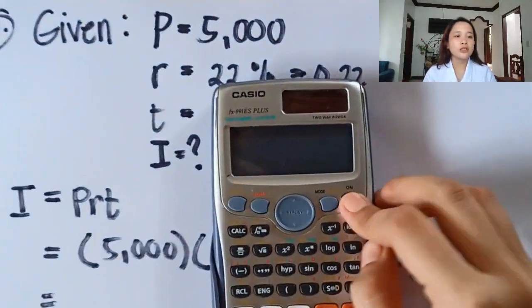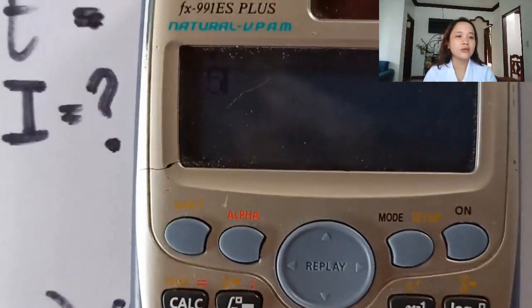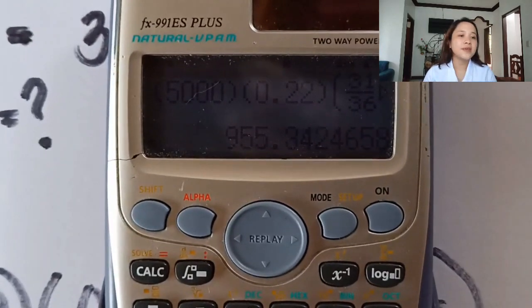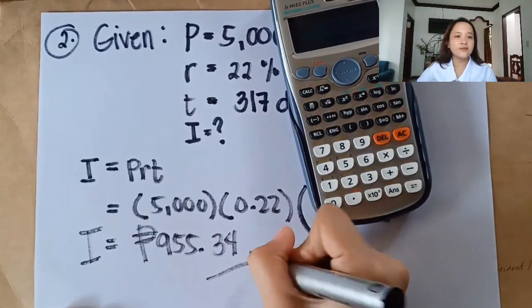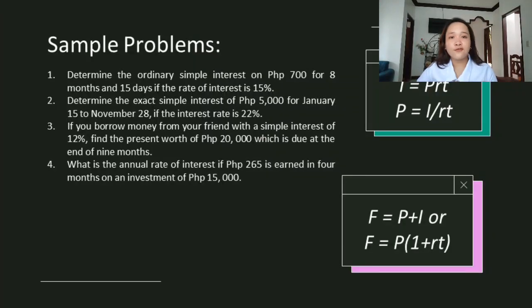When we calculate it in the scientific calculator, we come up with the answer 955 pesos and 34 centavos. Therefore, the exact simple interest based on the given is 955 pesos and 34 centavos.